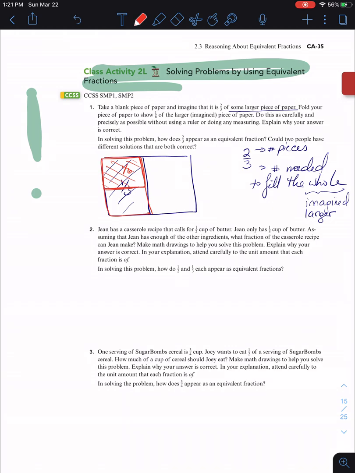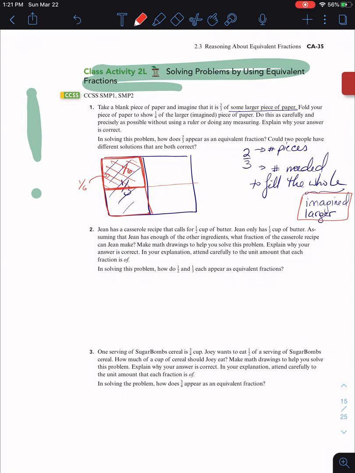So if we want to fold the paper, we could fold it down the middle into 4 pieces, and each one of these will be 1/6 of the larger imagined piece. So how does this appear as an equivalent fraction?